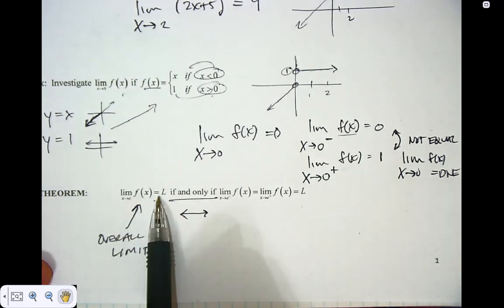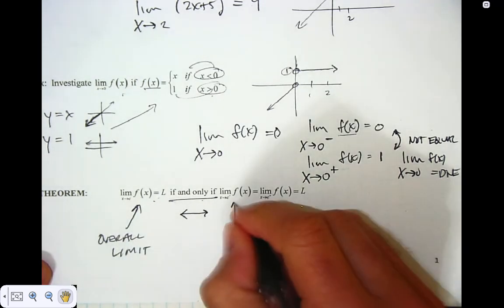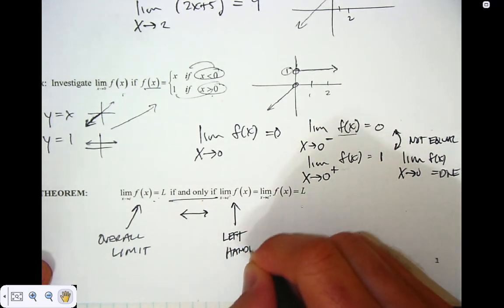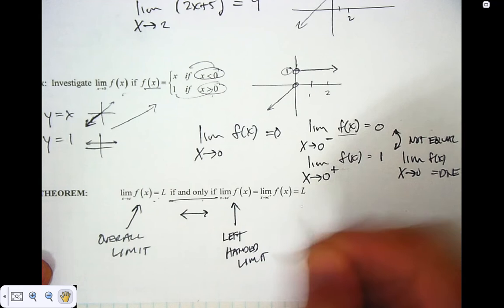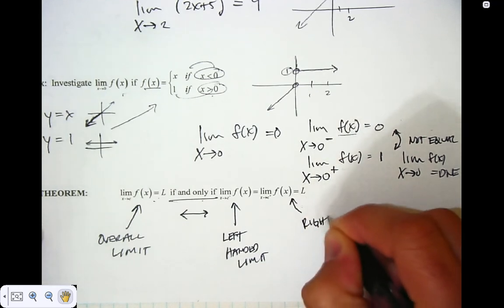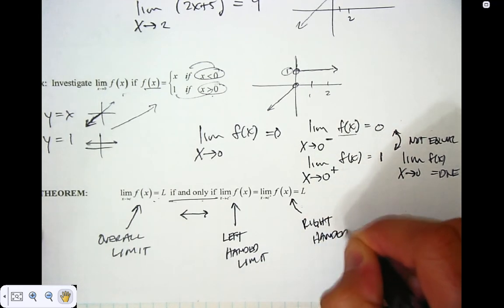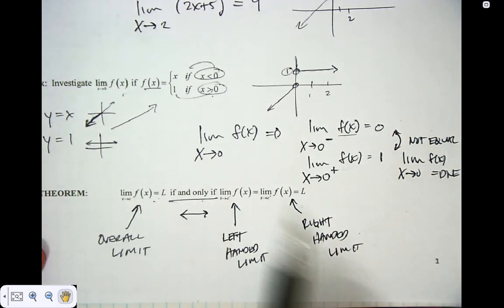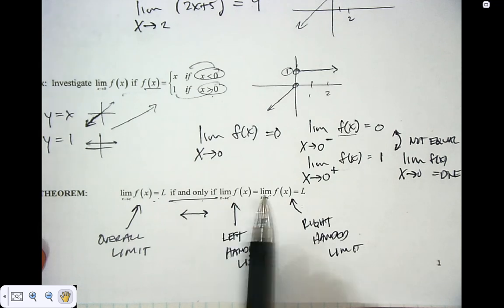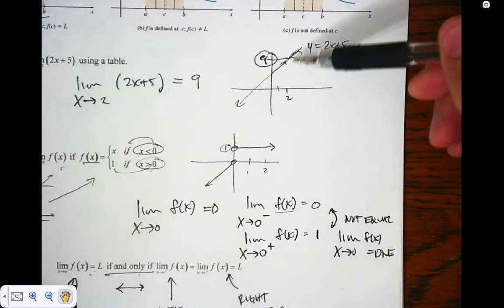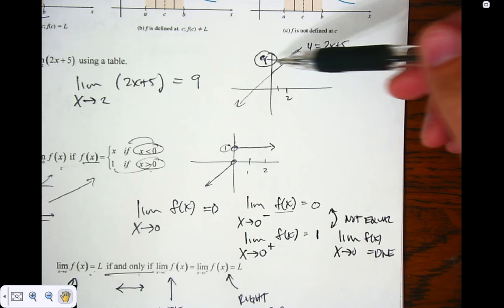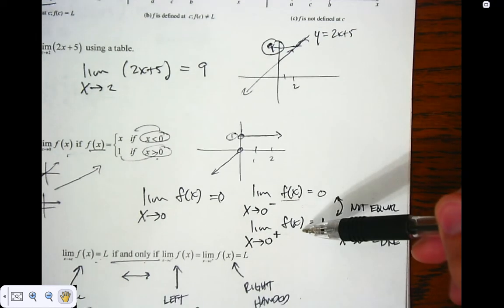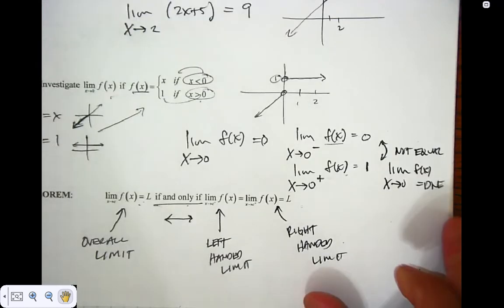The limit exists if and only if the limit from the left, which we call the left-handed limit, and the right-handed limit are exactly the same. Your fingers are in the same place. You're at a value of 9 from the right and at a value of 9 from the left, so we're good to go. This is bad, right? The left-hand limit did not equal the right-hand limit, therefore the overall limit does not exist.